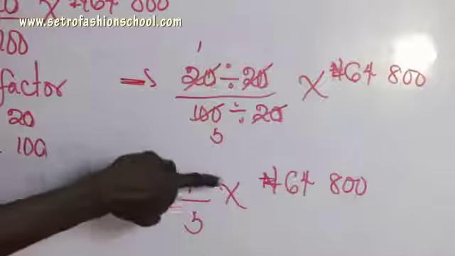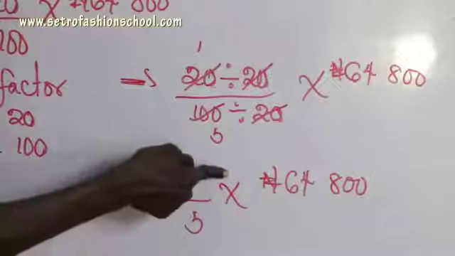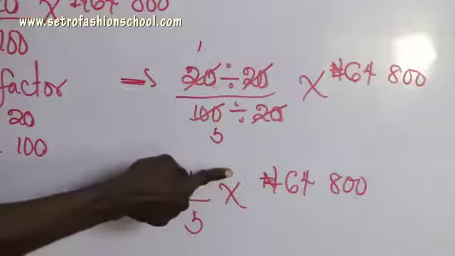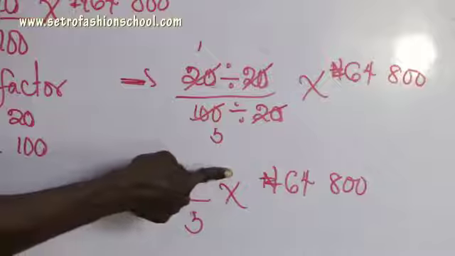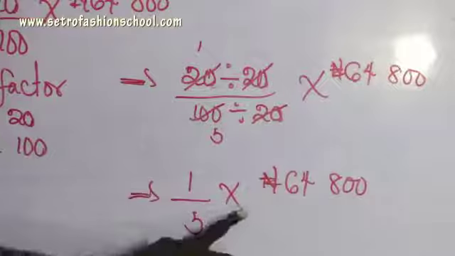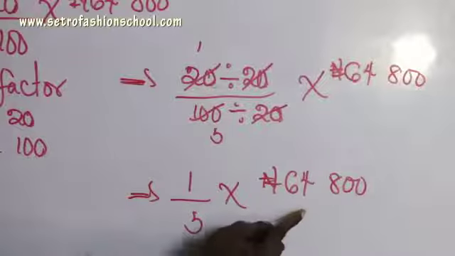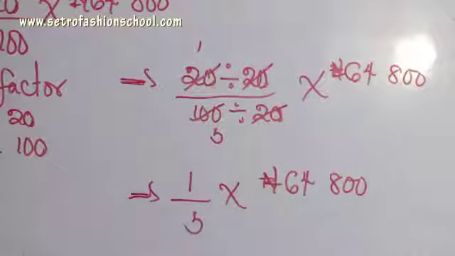Don't forget, when you have multiplication in fractions, you must always make use of your common factor. Always look for the common factor when you have multiplication of fractions. Now, checking this out, this is a very big number.